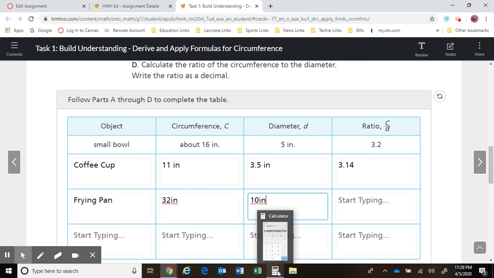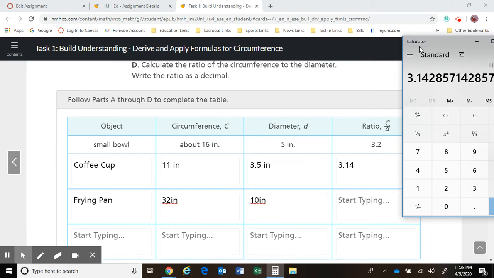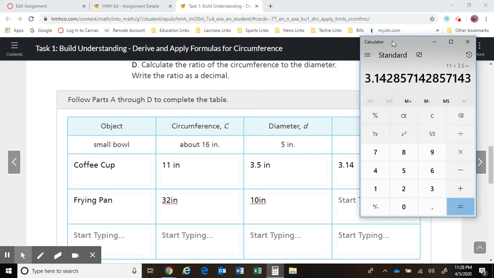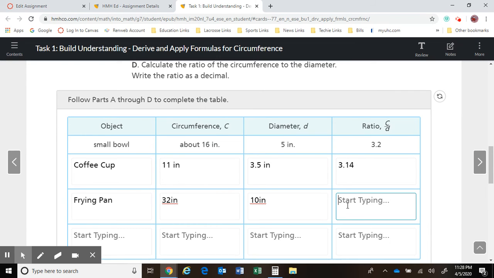I physically wrapped my tape measure around the frying pan to measure it, and for the diameter I just went right through the middle of it. So 32 divided by 10, and I got 3.2.